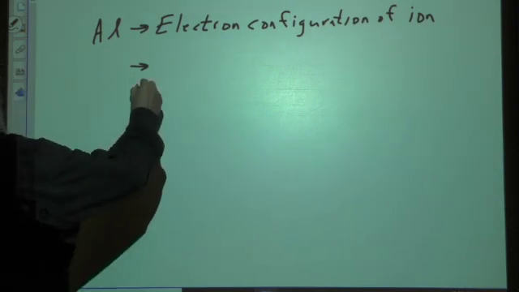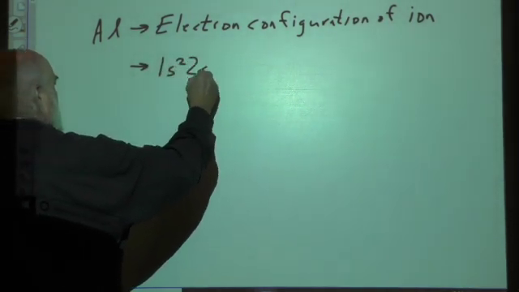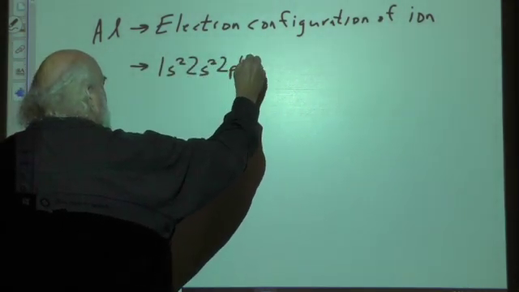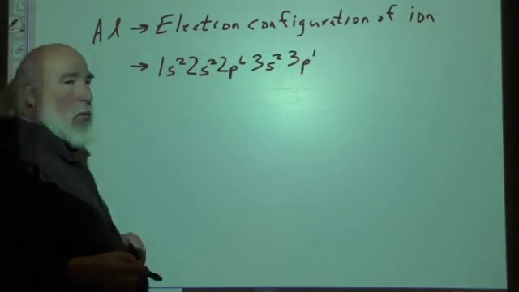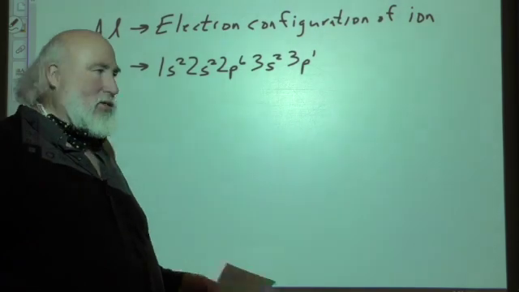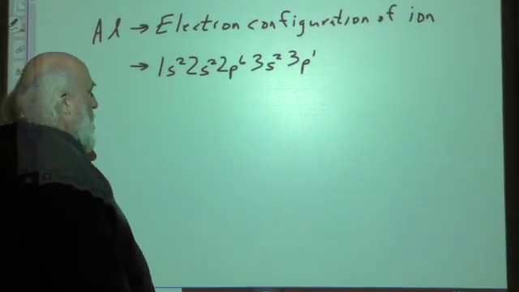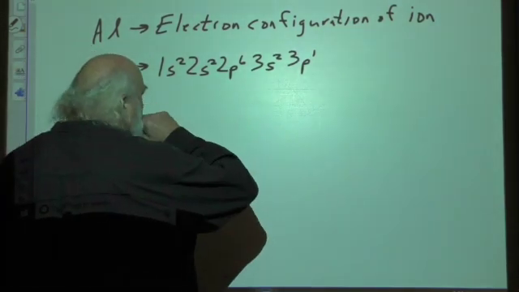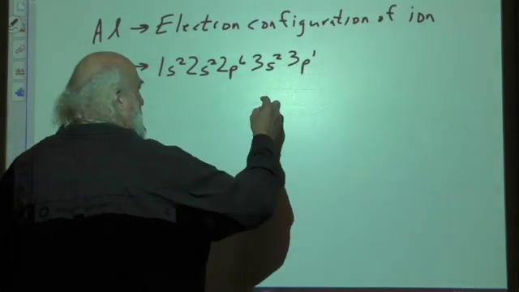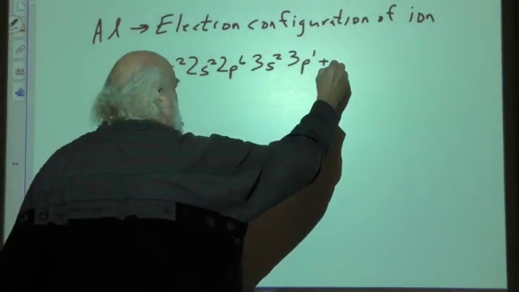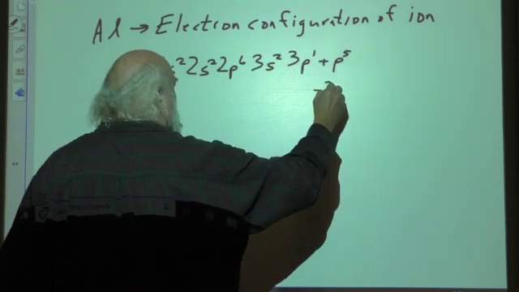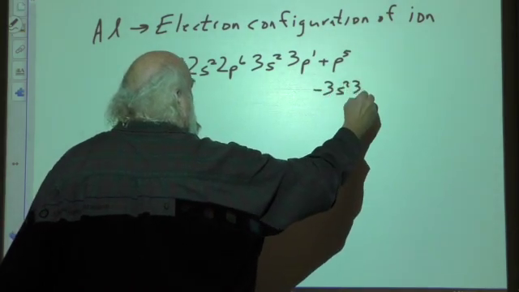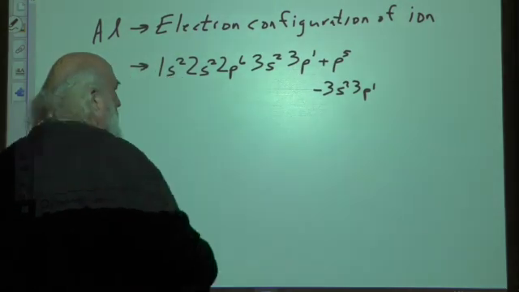Now remember, it wants to look like a noble gas. So one of 2 things is going to happen. It can gain 5 electrons, or it can lose the 3s2, 3p1, because that'll leave this right here.